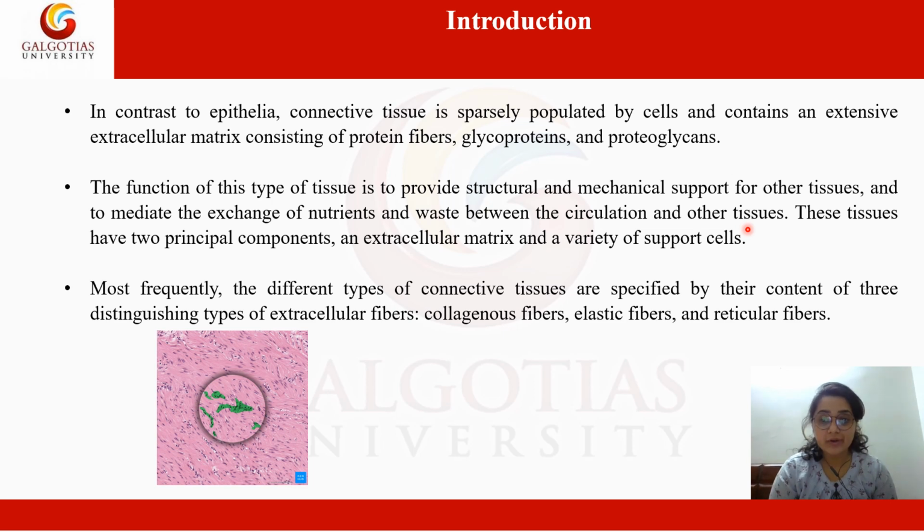So it also helps transport nutrients from one part of our body to another, as well as remove waste from the desired place to the excretion process. These tissues have two principal components, an extracellular matrix and a variety of support cells which help in connecting and causing various reactions in our body.